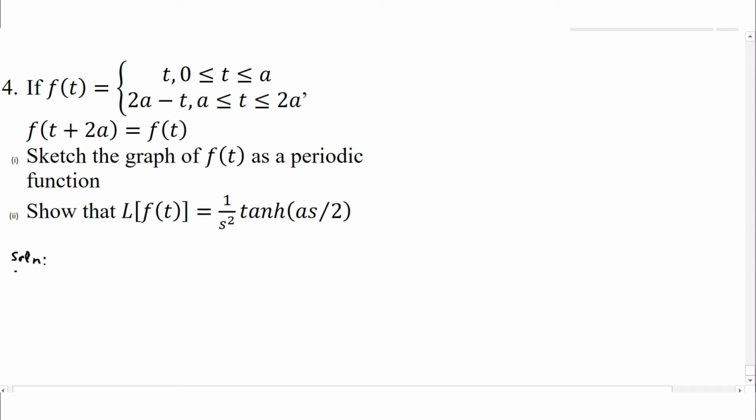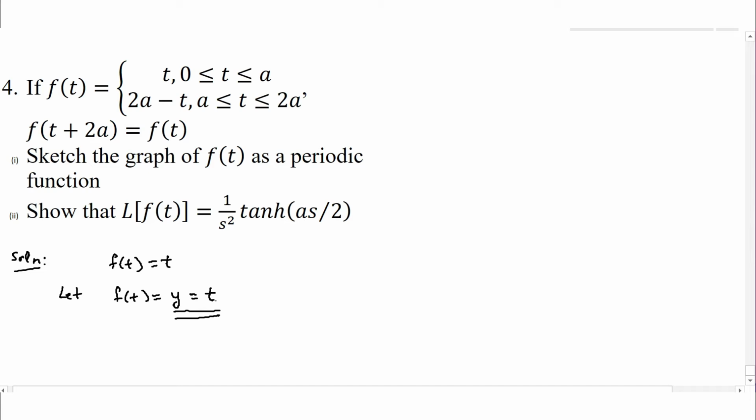So let us start the solution. We'll first try to sketch the graph. There are two values given. The first is f of t is equal to t. So I need to draw the graph for this one. Let us take the value of f of t to be equal to y, and we know that f of t is t. So I will be taking y is equal to t to draw the graph, just for convenience.